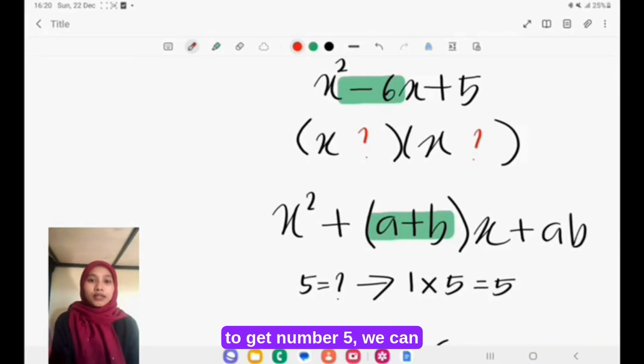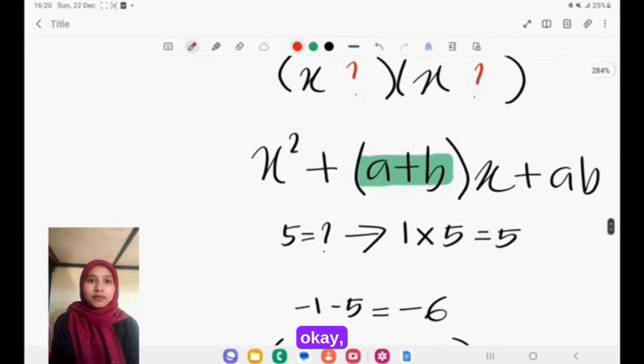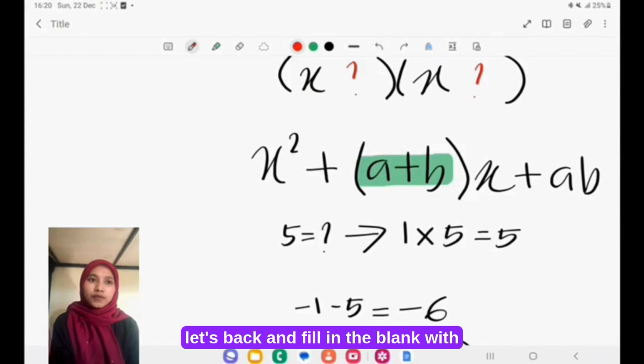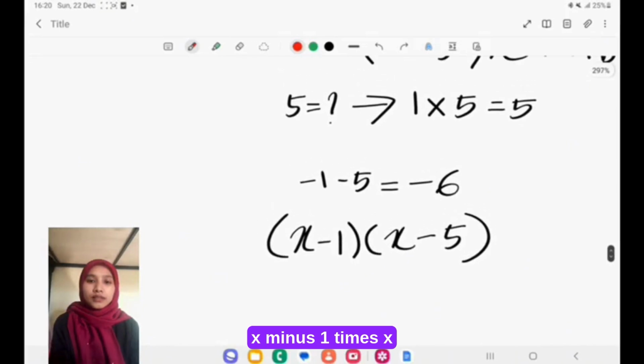So to get the number 5, we can multiply 1 times 5, which is 5. Okay, let's go back and fill in the blank with x minus 1 times x minus 5.